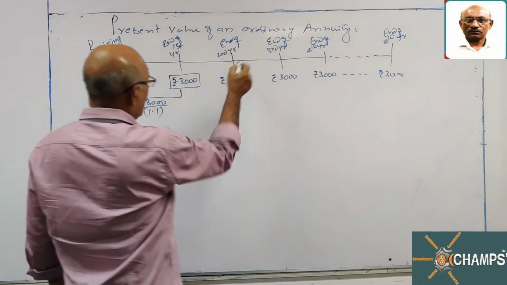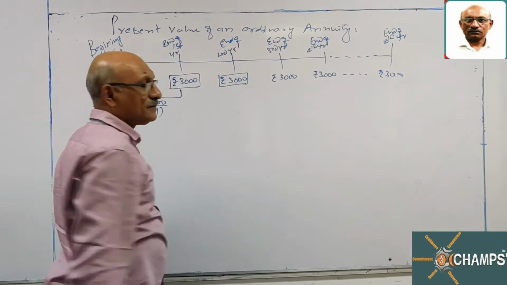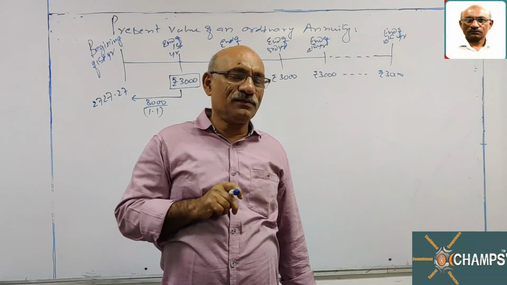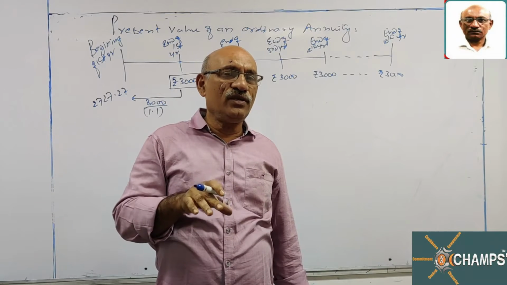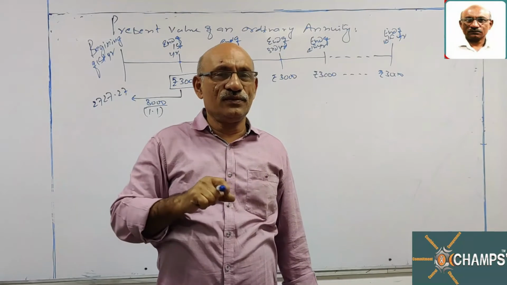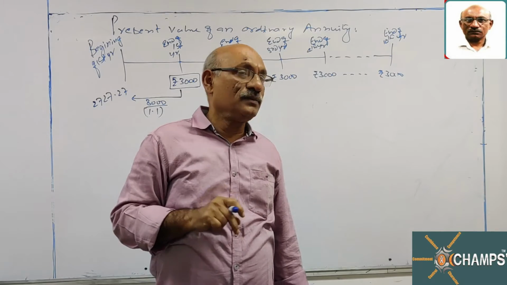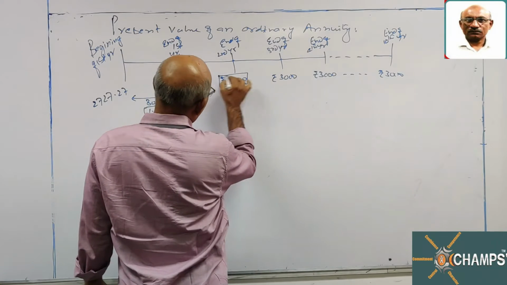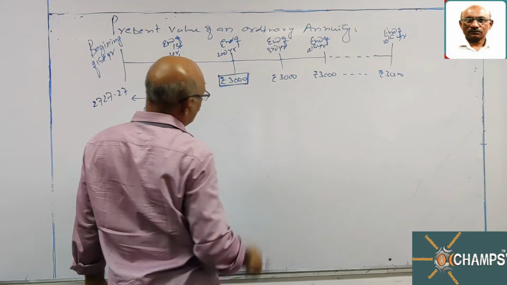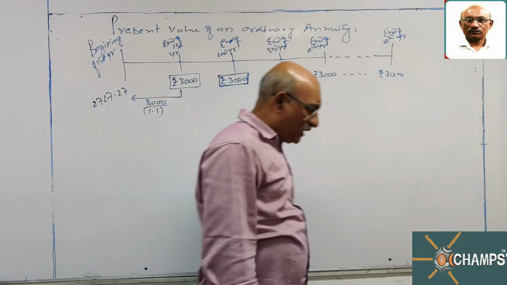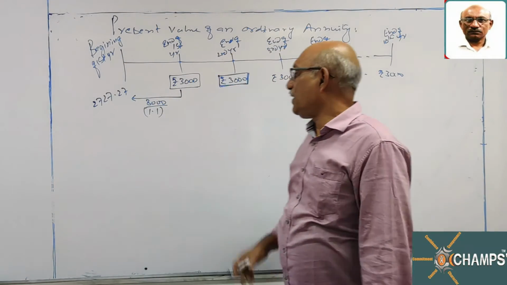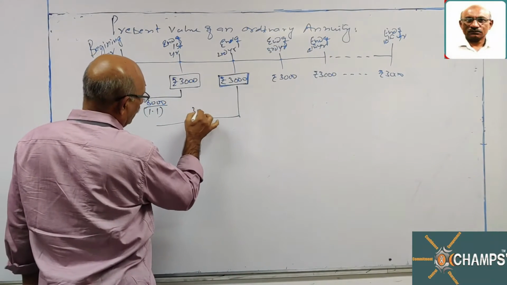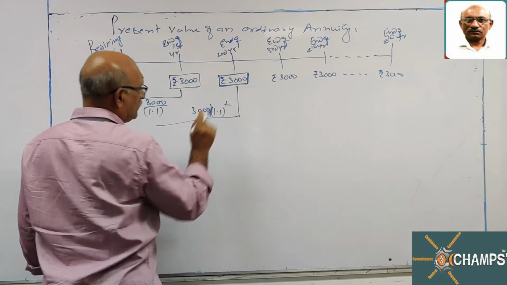Next, let us see here how I am thinking. When 3,000 rupees is due at the end of second year, or I am going to receive 3,000 rupees after 2 years, how much do I have to deposit today? So this is 3,000 divided by 1.1 whole square.